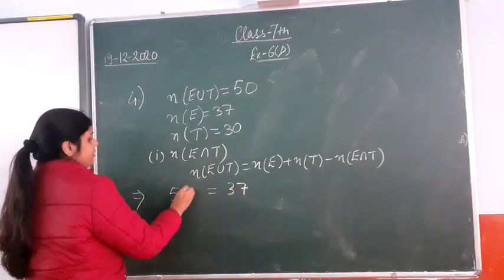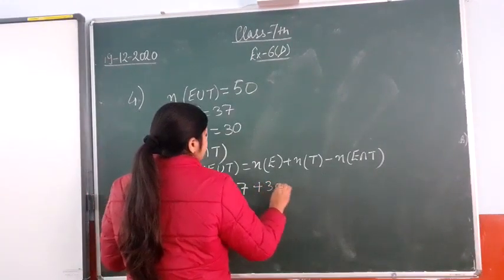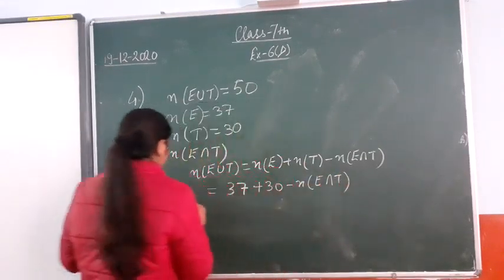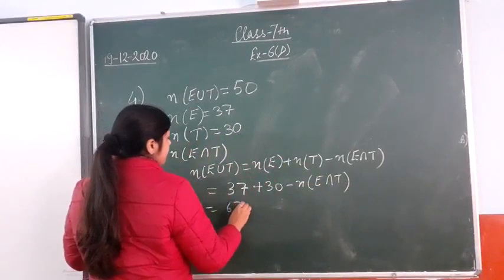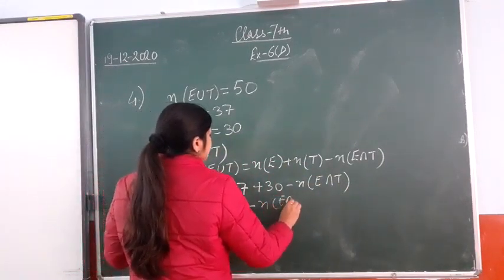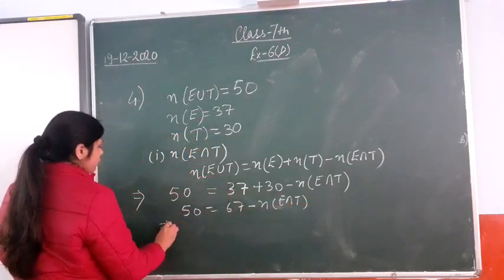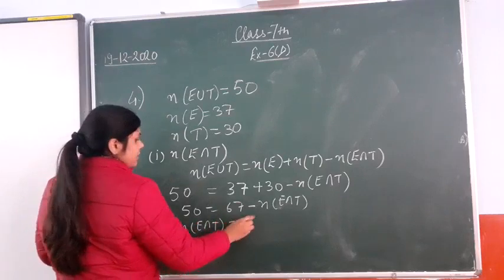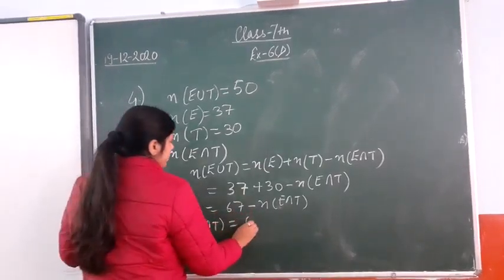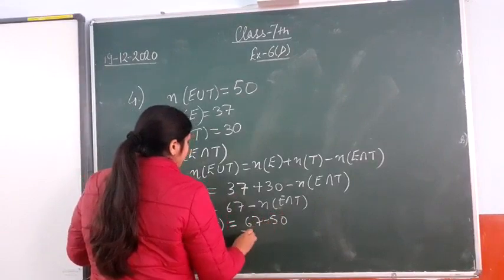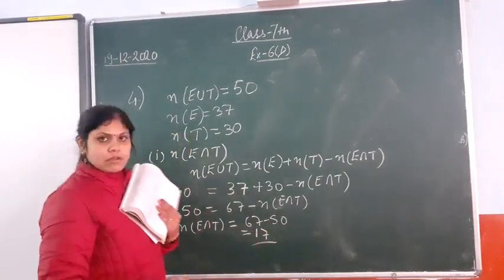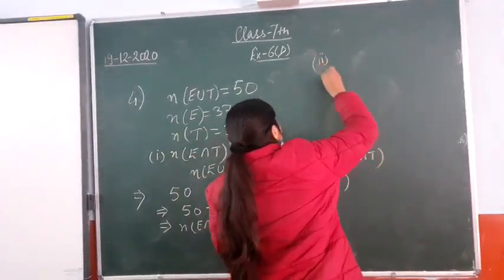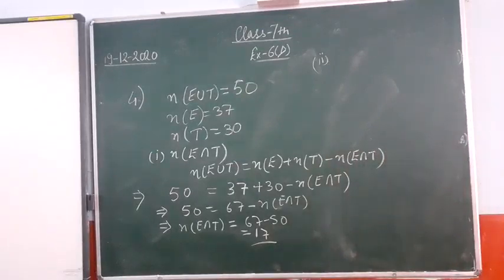The union value is given as 50. So 50 equals 37 plus 30 minus n(E intersection T), that is 67 minus n(E intersection T). To take out n(E intersection T), this will come this side and this will go this side. 67 minus 50, what will come? 17. Clear?